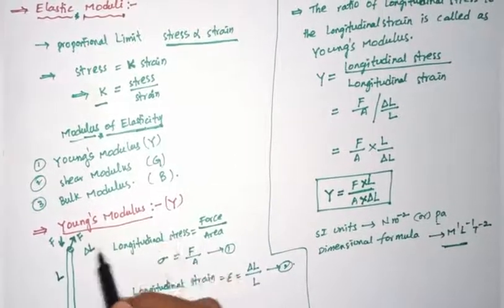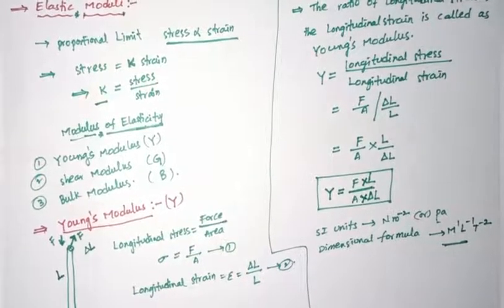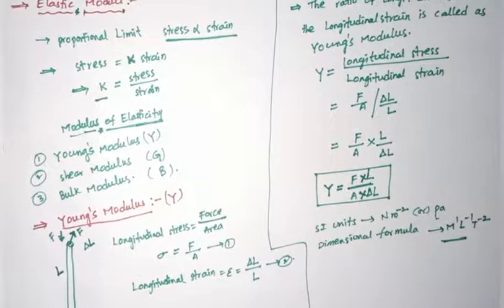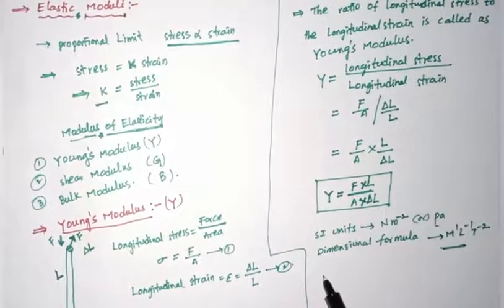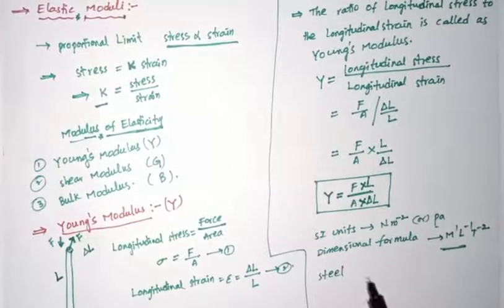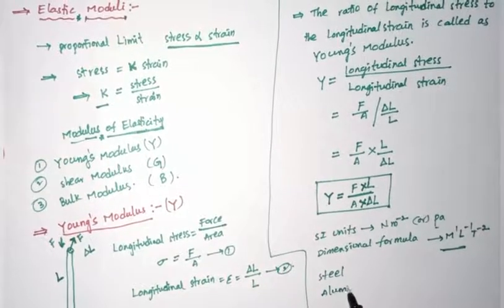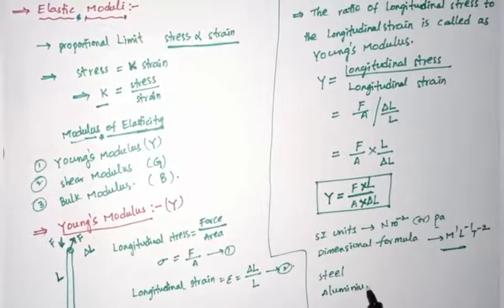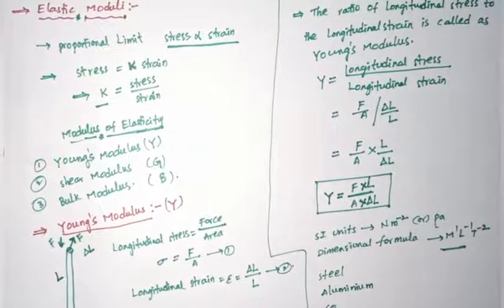And the Young's modulus for different materials, for example the substances steel, aluminium and copper.